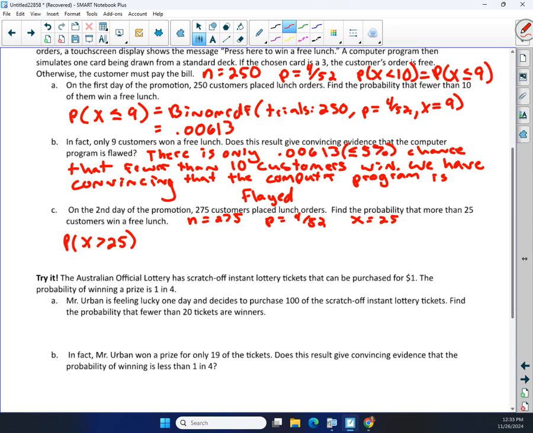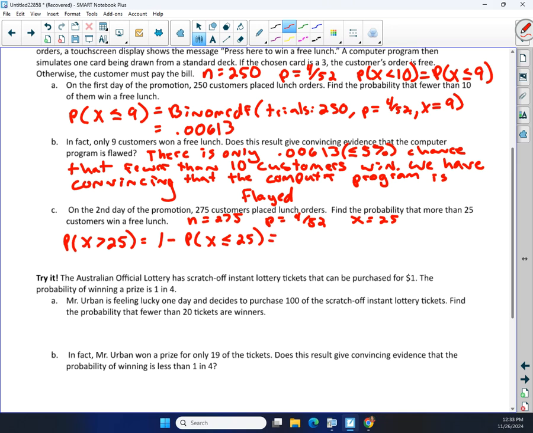So here's what I have to do. I have to say 1 minus the probability that X is less than or equal to 25. Because my binomial CDF is going to go up to 25 and I want more than 25, so I'm going to subtract them.